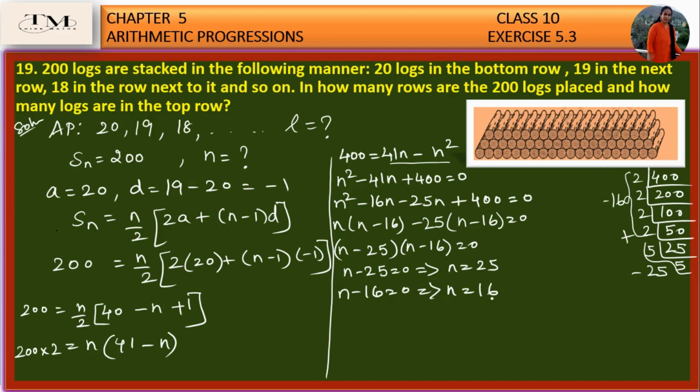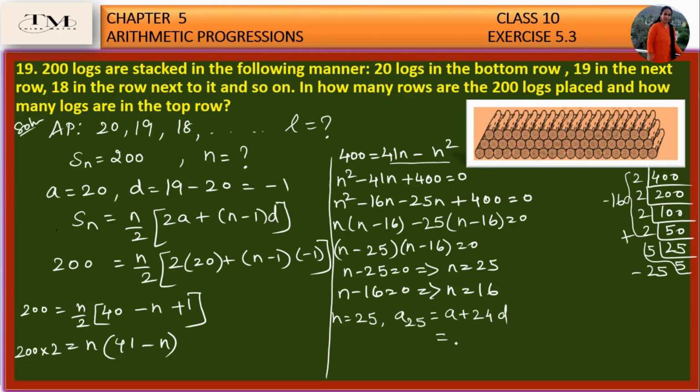Okay. Now we have to find out which n suits this problem. Suppose if you take the number of rows as 25, 25th will be the last row. Then we have to find the number of logs in the last row. Suppose n is equal to 25, we have to find out a25, that is the number of logs in the last row. a25 is nothing but a plus 24d.